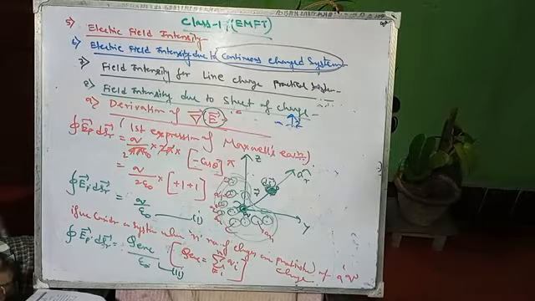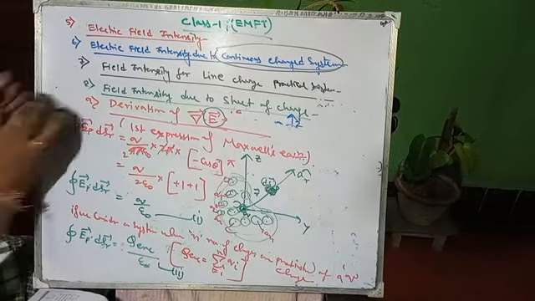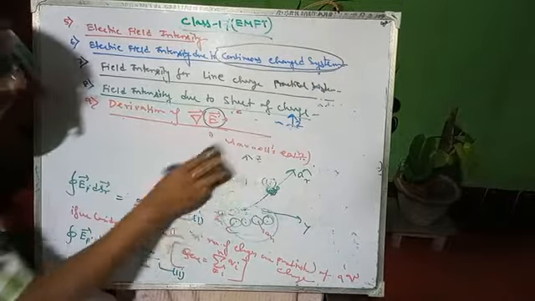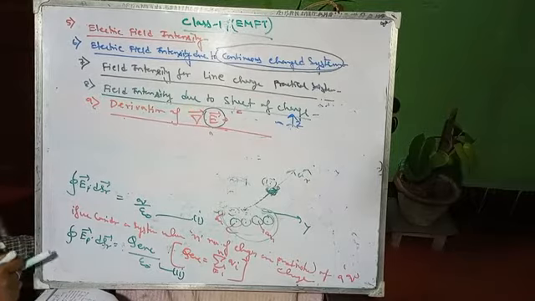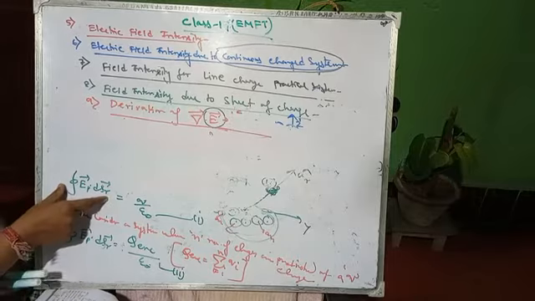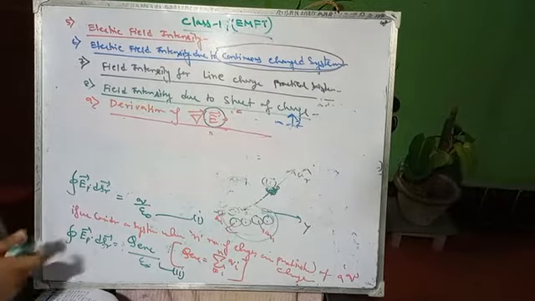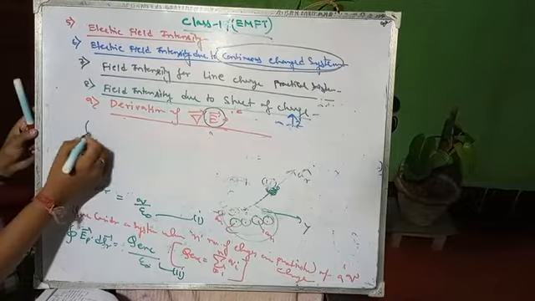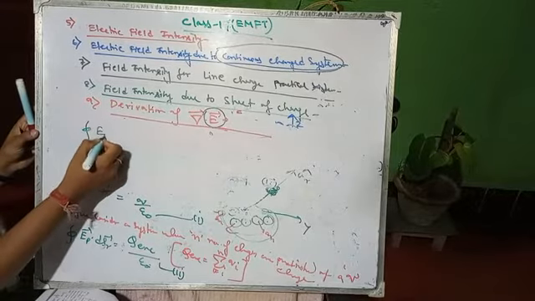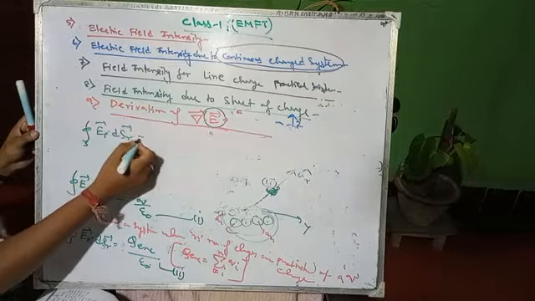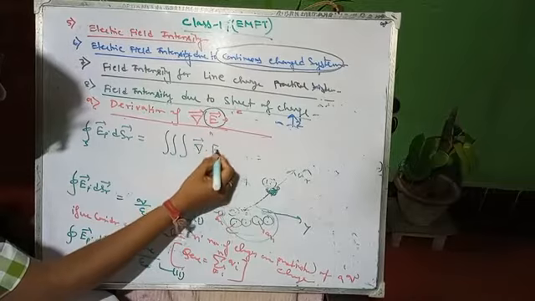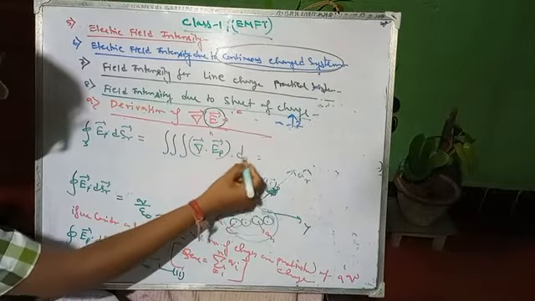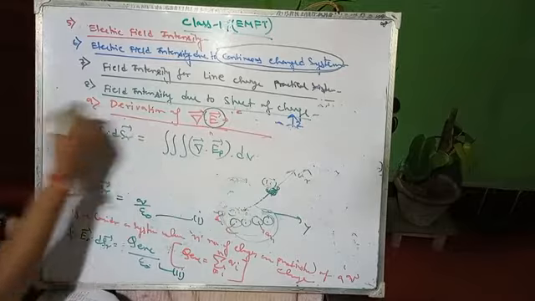Now apply the Gauss divergence theorem on the left hand side of equation 1. According to the Gauss divergence theorem, the closed surface integration will be equal to the triple integration of the divergence of that field over the volume enclosed by this surface.